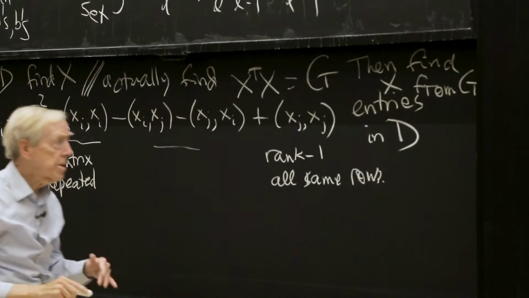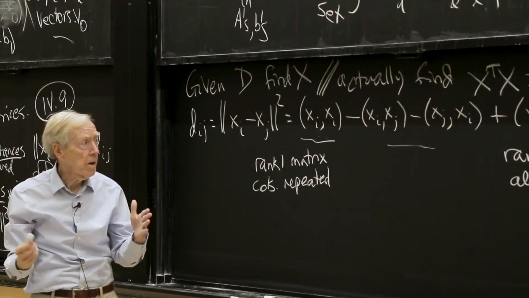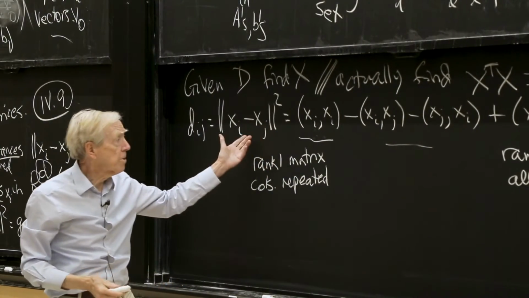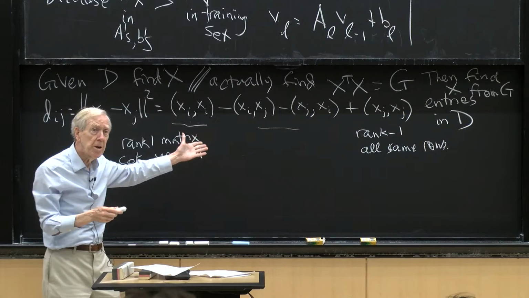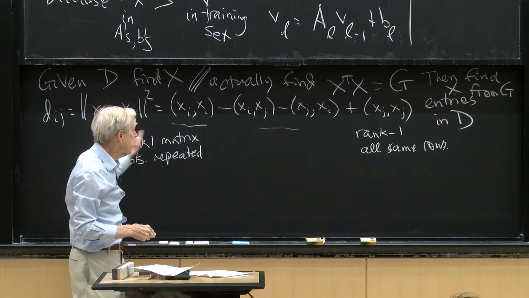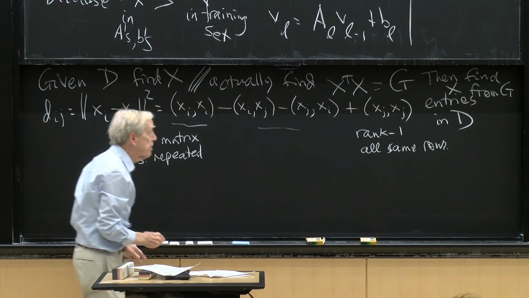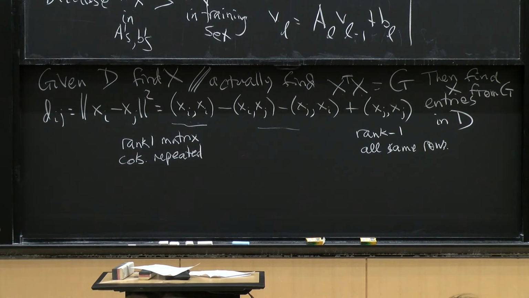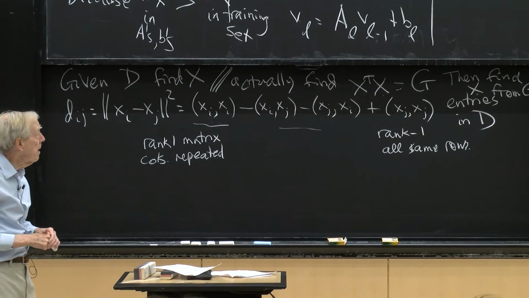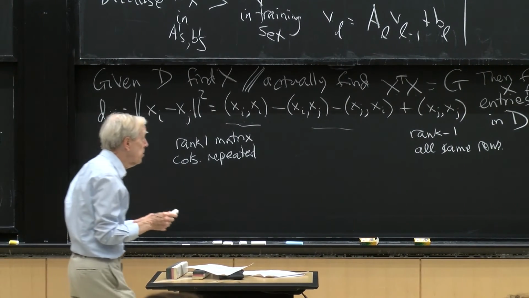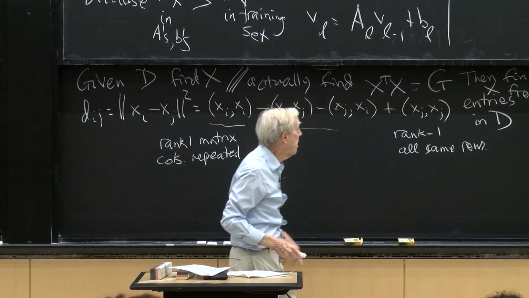So this is a nice argument. What this tells me is some information about dot products. So this is telling me something about the G matrix, the X transpose X matrix. And then once I know G, then it's a separate step to find X. And of course, this is the point at which X is not unique.